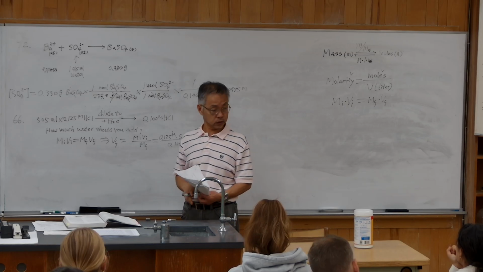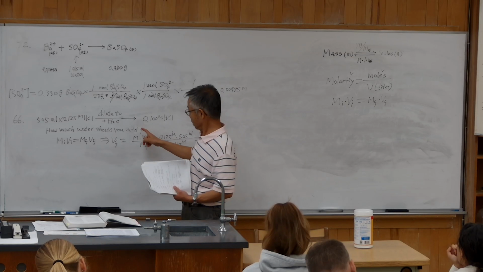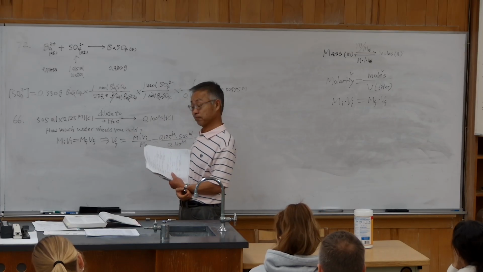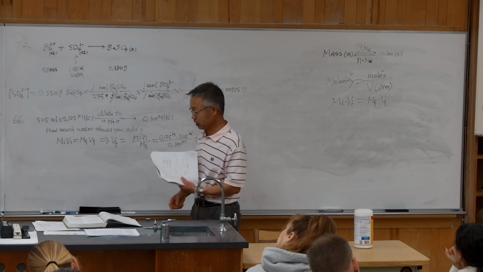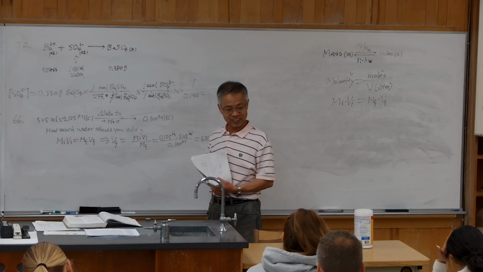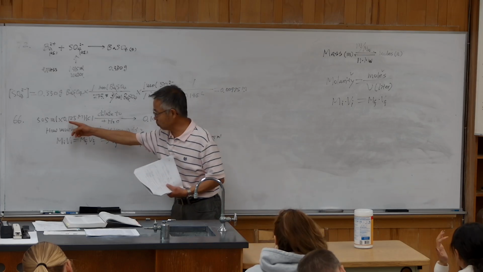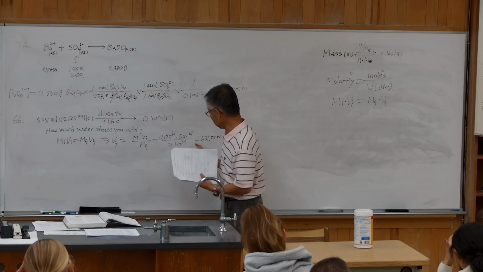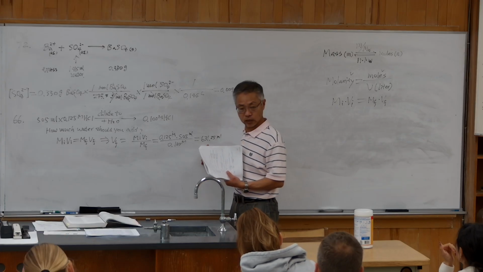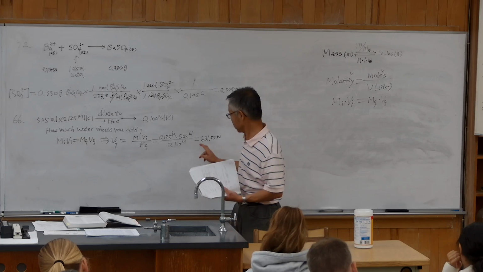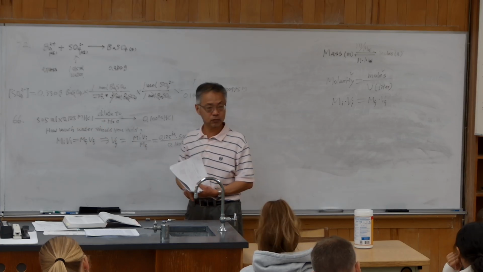But this is not your answer, because the question asks how much water should you add. And this is the final volume. Final volume is total volume. You initially have 505 milliliter of acid already, and you want the final volume to be 631.25. Then how much water you need to add? Of course, the difference between these two, right?